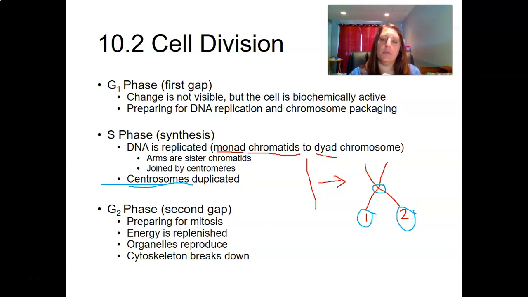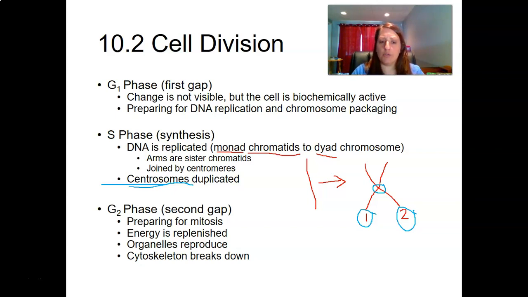The centrosome is responsible for pulling those two arms apart. Because that's what we're going to do. We're going to take that replicated chromosome, right, with two identical arms or sister chromatids, and we're going to pull those arms apart and put them in opposite cells. That's going to make those cells identical.